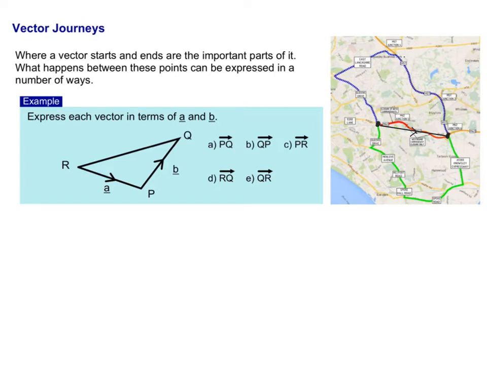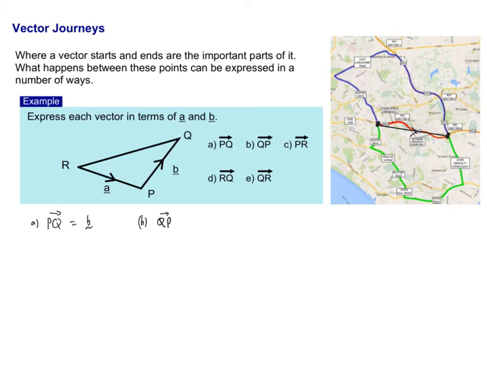So, first one, if I wanted to represent the vector PQ, well that's a nice easy one, because going from P to Q is going along this vector B and is going in that direction of travel. So PQ can be represented by the vector B. Next one asks us, what about QP?